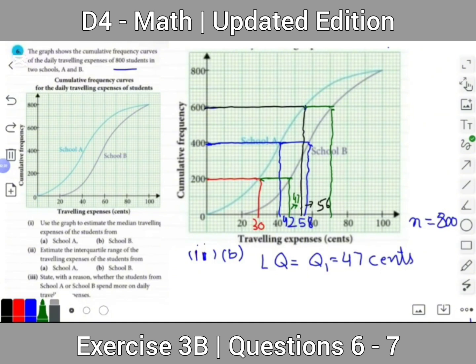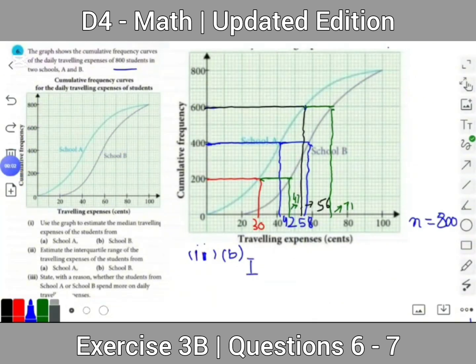So here we have values 70 and 72 and the estimated value is 71. So the upper quartile Q3 is equals to 71 cents.